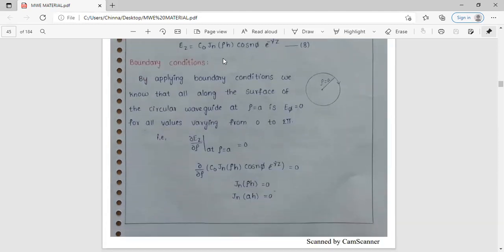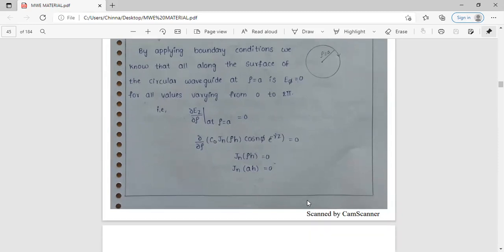Now the boundary condition: you can also write the boundary condition, that means at the surface of the boundary of the circular waveguide, rho is equal to a and phi varies from 0 to 2 pi. Here Ez at rho is equal to a is equal to 0. You can substitute that value, then Jn of rho h is equal to 0, that is, Jn of ah is equal to 0.